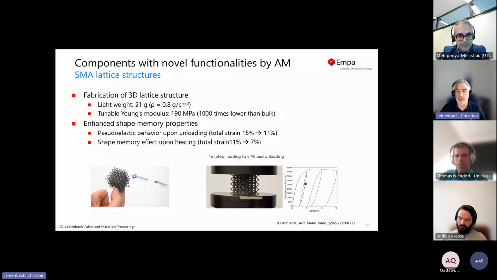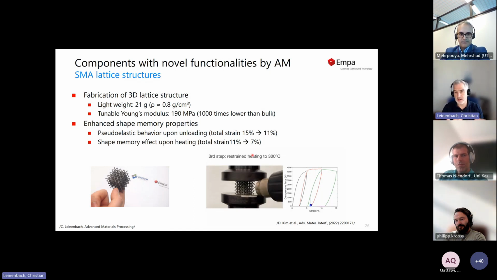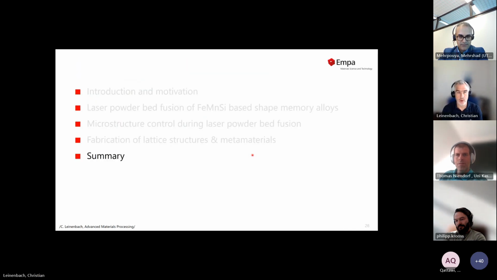And the idea now is to take that further, to make such lattices or metamaterials not only from the shape memory alloy, but with tailored microstructures, so that we can vary our microstructure and the composition in space, and with that have new adaptive structures.